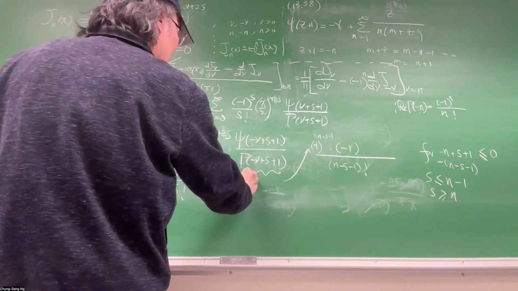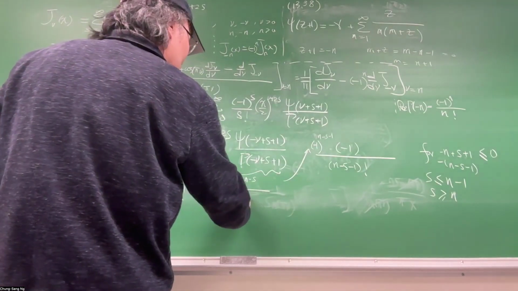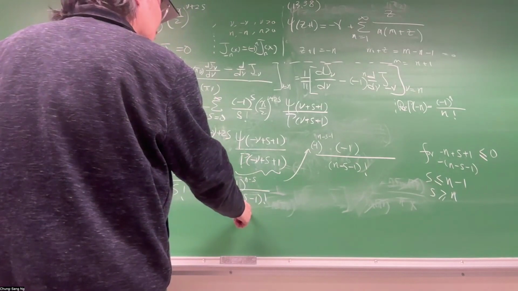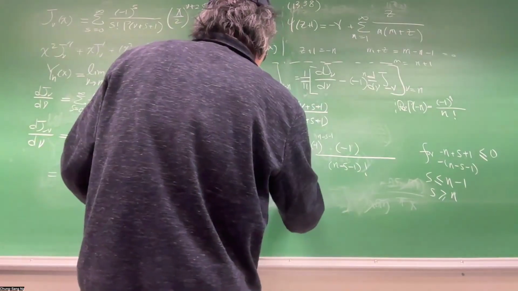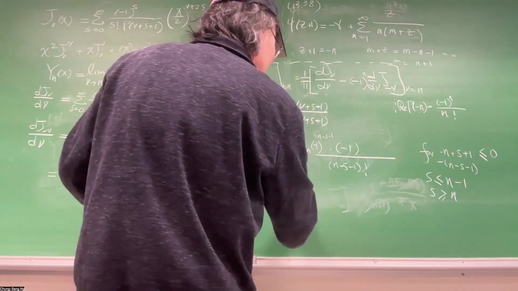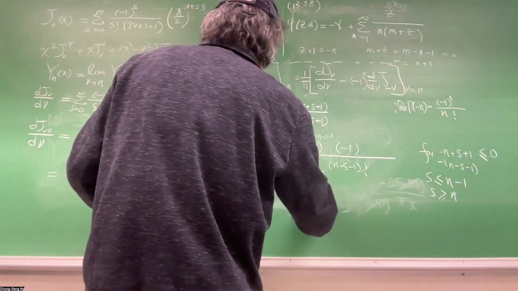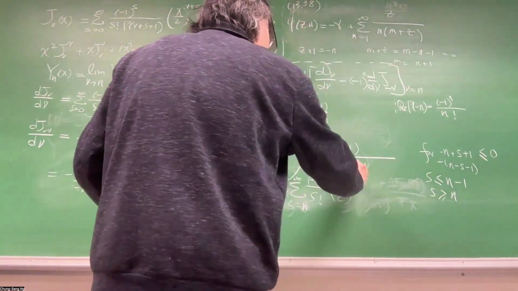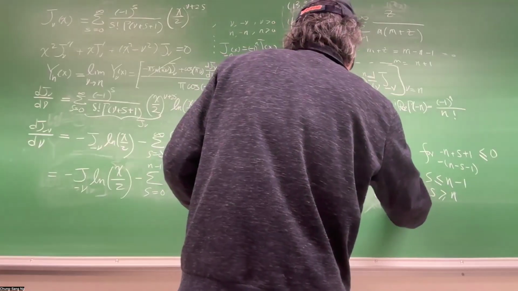You have minus 1 to the n minus s power, another factorial, minus n minus 1 factorial. Right, that is this ratio, and then another series. Now it's s from n to infinity, everything else the same, minus mu.